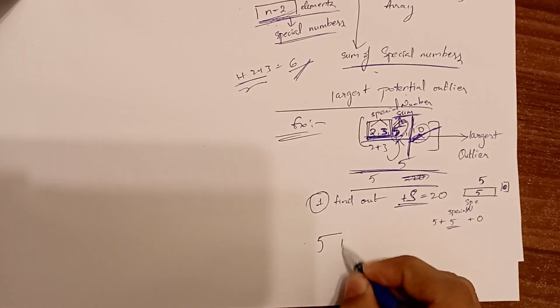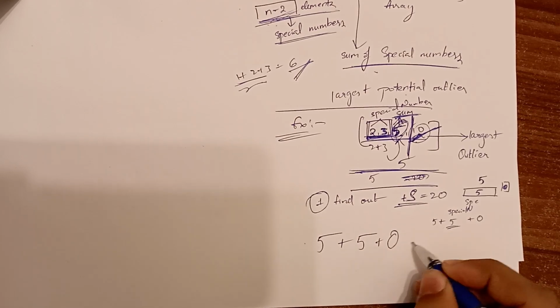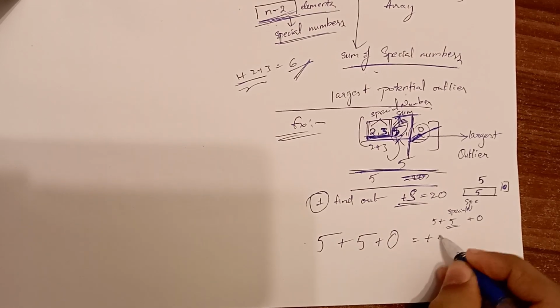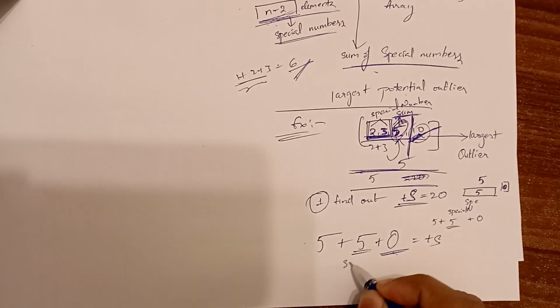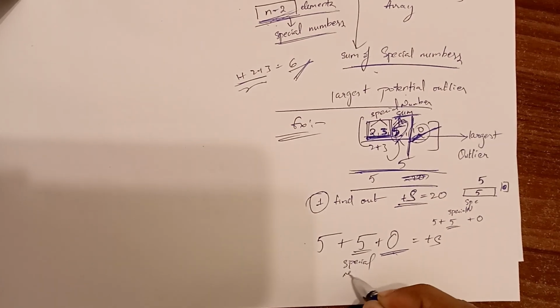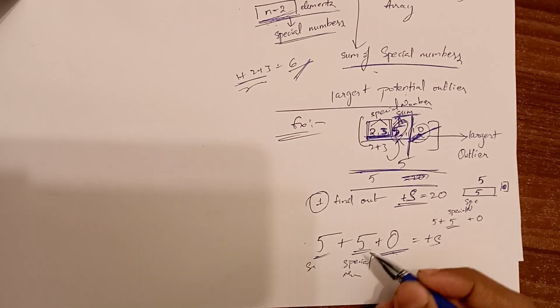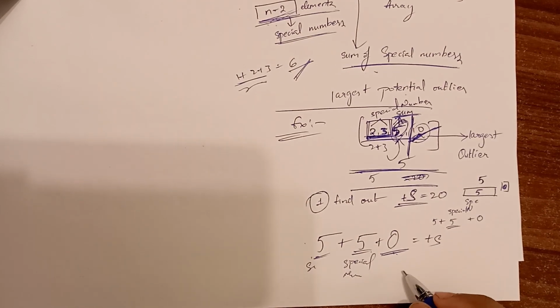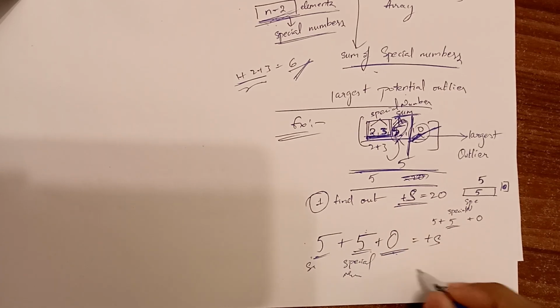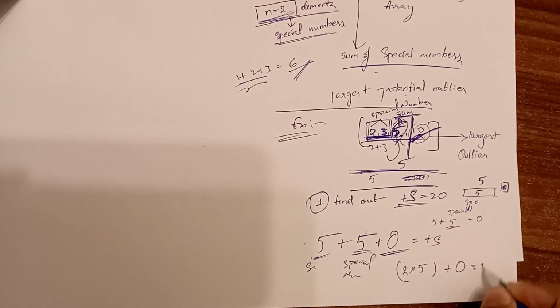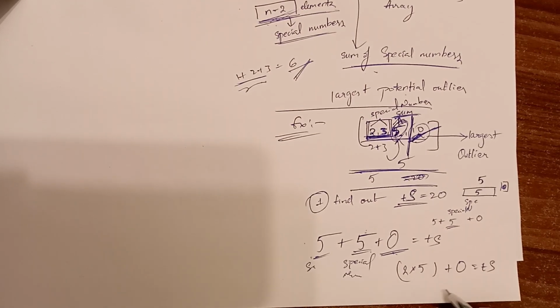So I will write here 5 plus 5 plus outlier will be the total sum. So these are the sum of special numbers, and this is the sum. Instead of taking 5 and 5, we can take the current element we are iterating through, 5 into 2 plus outlier is equal to total sum. Now the outlier will be total sum minus 2 into 5.